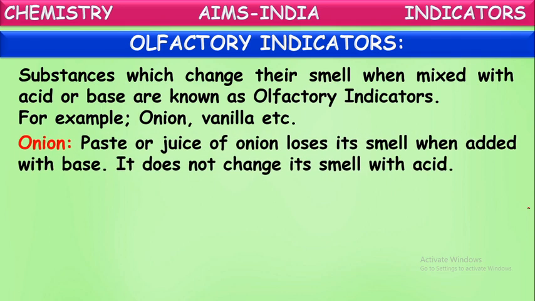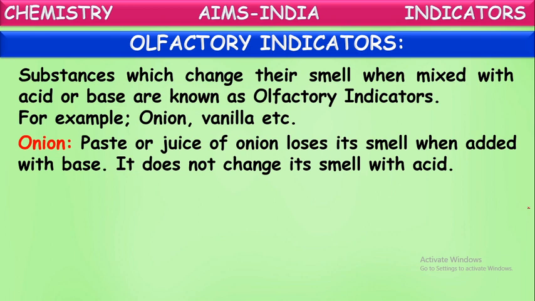Okay. If you take onion, the paste or juice of onion loses its smell when added to a base. It does not change its smell with acids. So in this way, onions will show smell change.